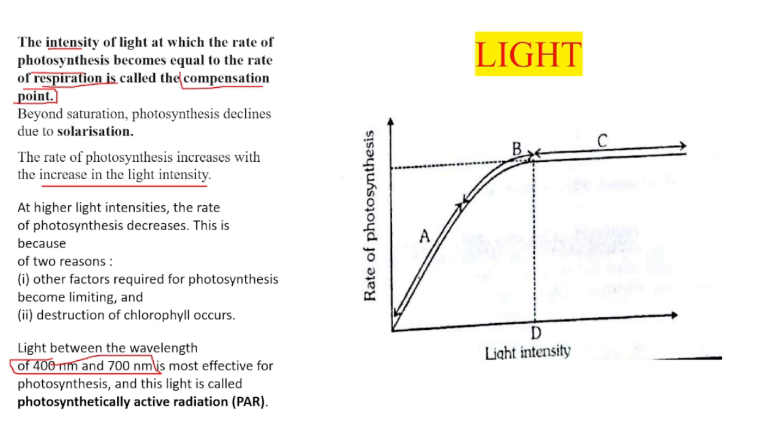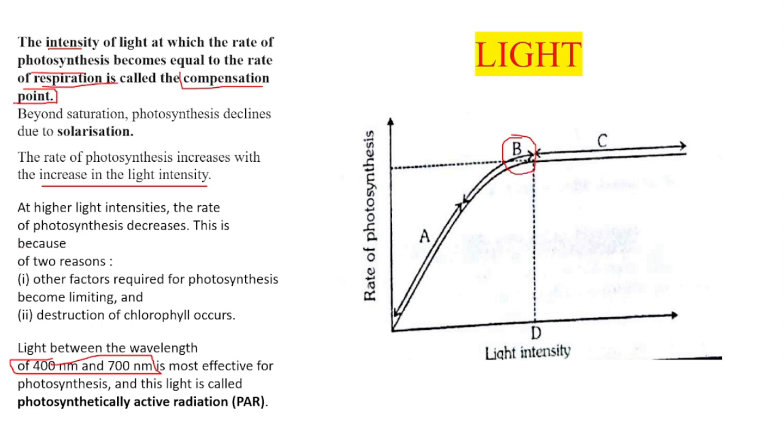First it increases and then it comes to a saturation point. At saturation, point B, there will be no further increase in the rate of photosynthesis. Photosynthesis does not decrease, but it comes to a halt or saturation.